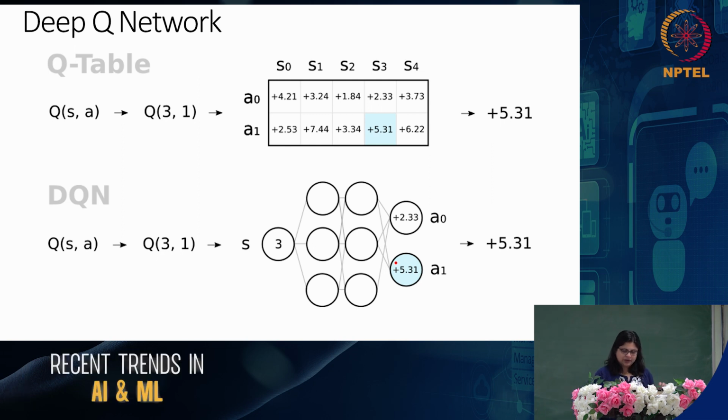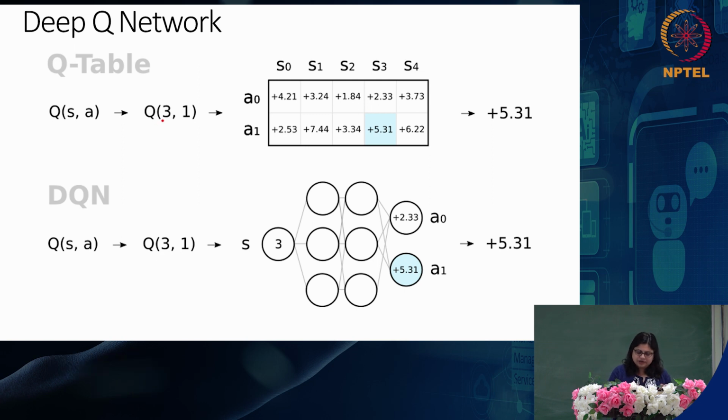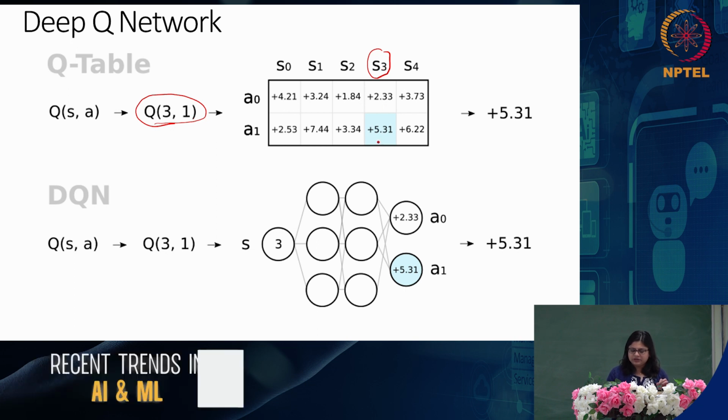You can see that initially we have this kind of Q table. In the case of the Q table it was very easy. For example, if you want to see the value of this Q31, it means the state 3 and the action 1. You can easily go to state 3 and action 1 and get the corresponding Q value.